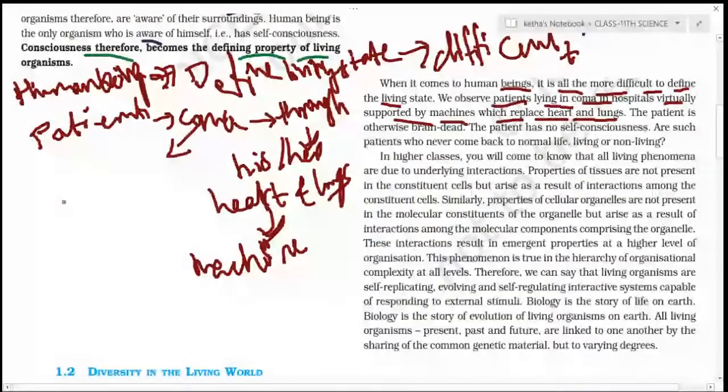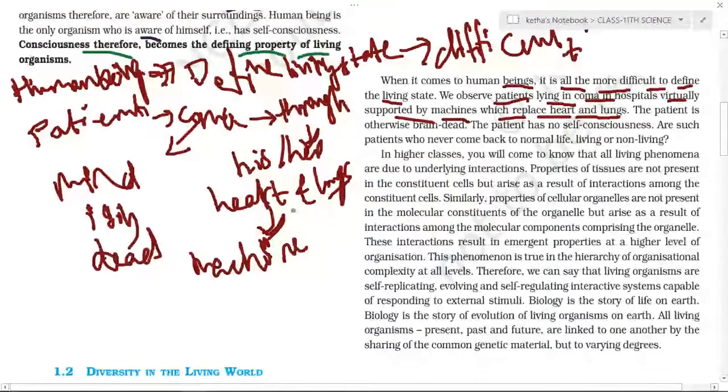The mind is in a dead condition, and the heart and lung functions go through the machine.